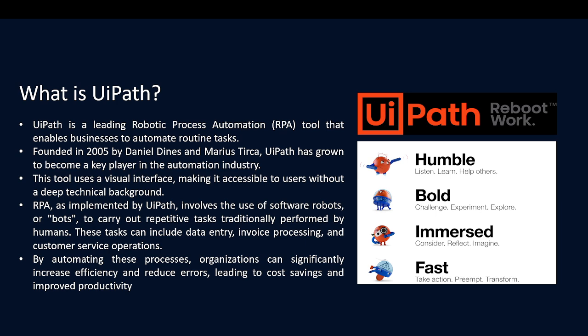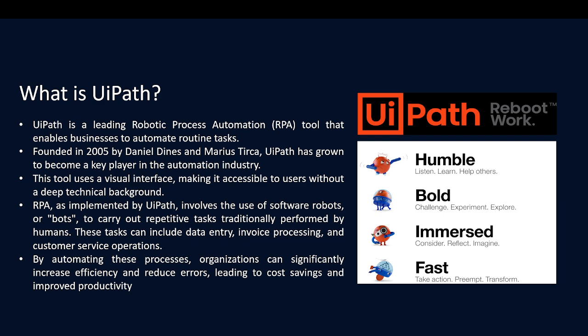UiPath is a leading robotic process automation tool that enables businesses to automate routine tasks. It was founded in 2005 by Daniel Dines and Marius Tirca. UiPath has grown to become a key player in the automation industry. This tool uses a visual interface, making it accessible to users without a deep technical background.